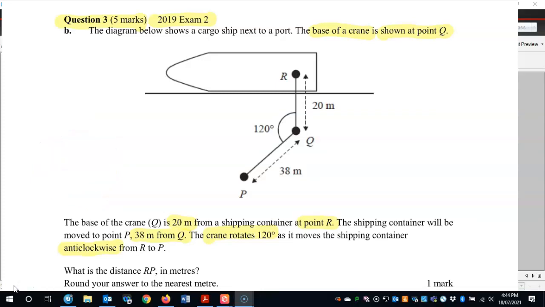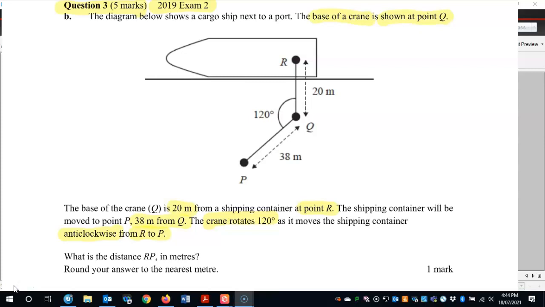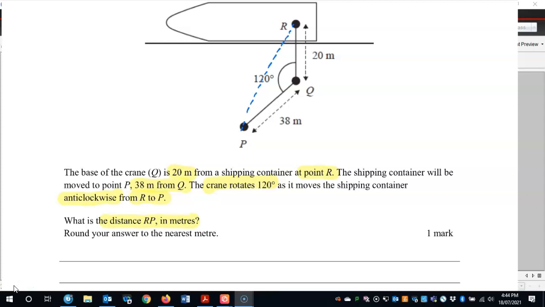So this boat is going to be moved in that direction here. It's being moved from R to P. What is the distance RP in meters? What is that distance? Okay. Round your answer to the nearest meter.